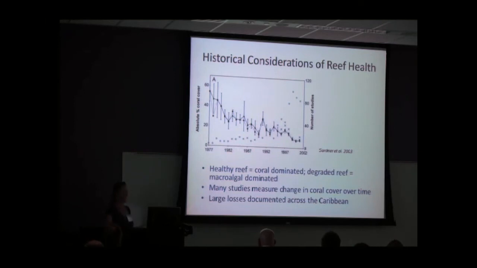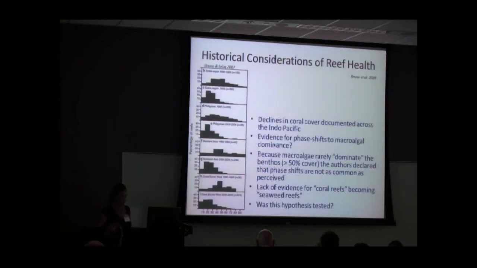If we lose the architectural species, the reef engineers, obviously we're going to lose the ecosystem services that these reefs provide. So we've seen evidence of coral declines across the Caribbean. Similar studies have been done in the Pacific. We just focus up at the top here.